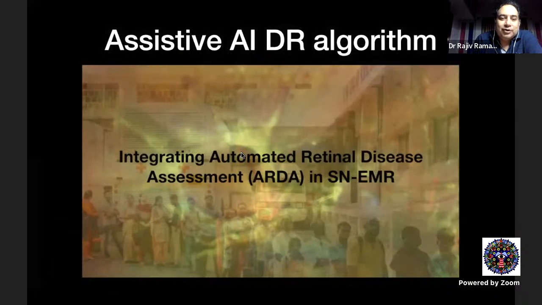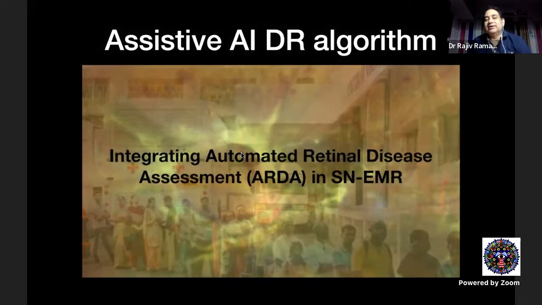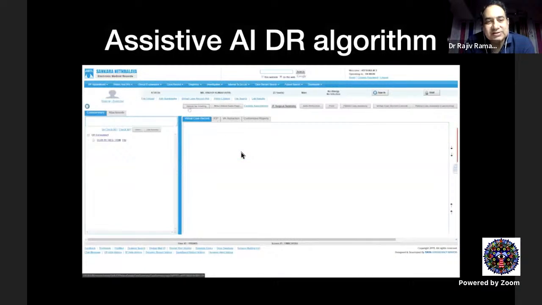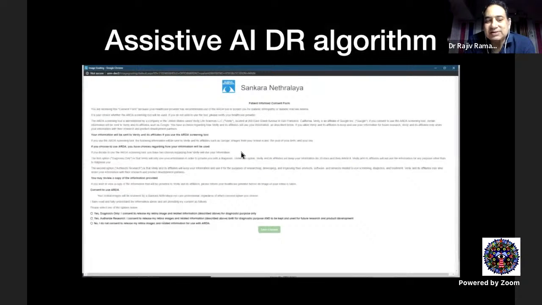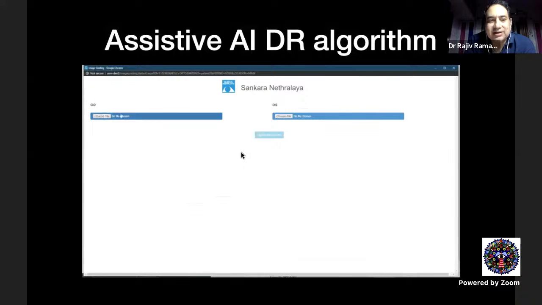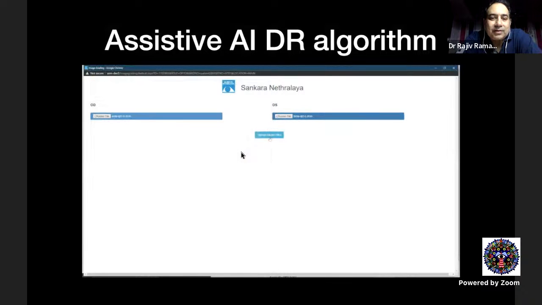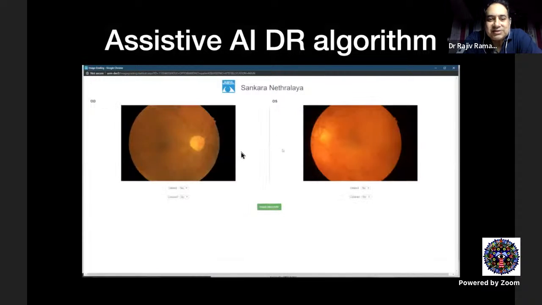This is a small video which shows how we have integrated it with our EMR. So the patient visits the optometrist, who takes consent for using the AI grading screening. He uploads the images, and once these images are uploaded, he also writes whether they were dilated or whether there is presence of cataract or not.